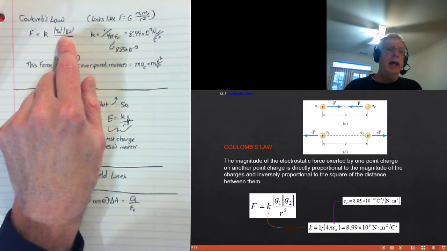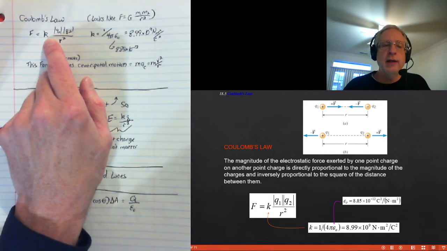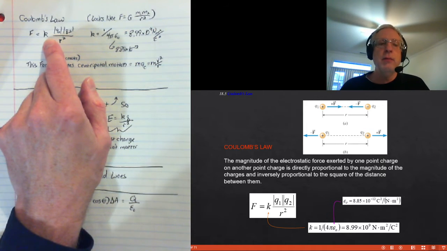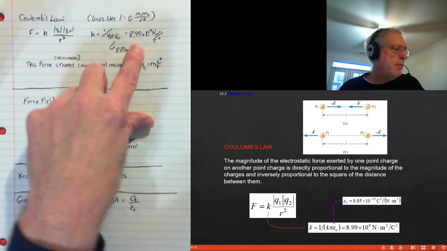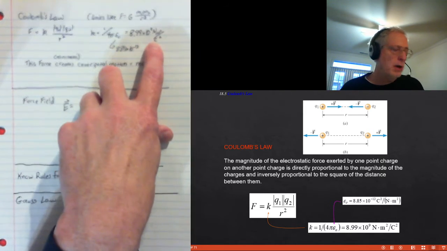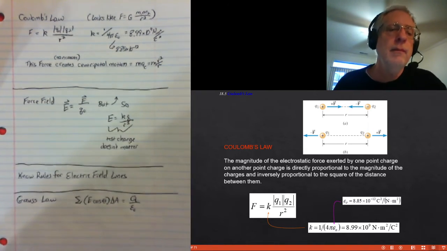This value k is a universal constant, which could be different in different parts of the universe. We don't know, but at least in our part of the universe, it's 8.99 times 10 to the ninth newton meters squared per coulomb squared. It's basically just to cancel out all the other units.